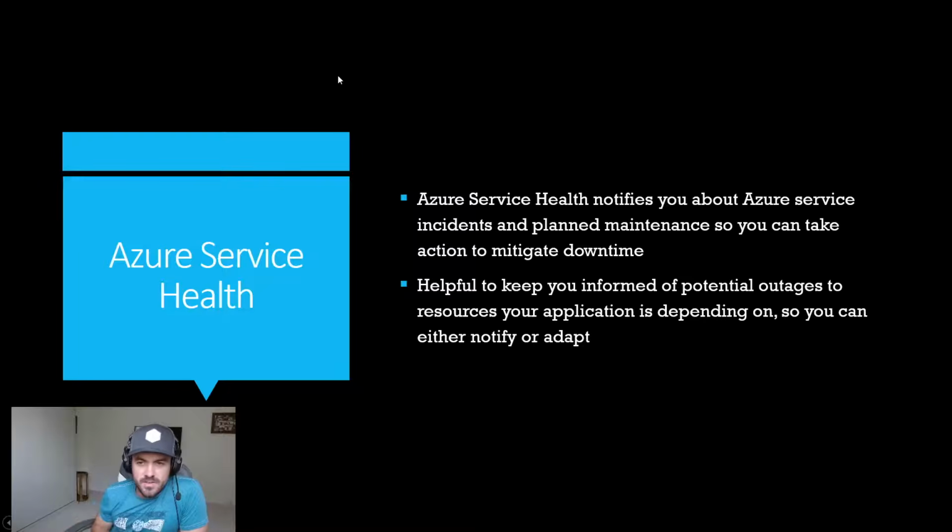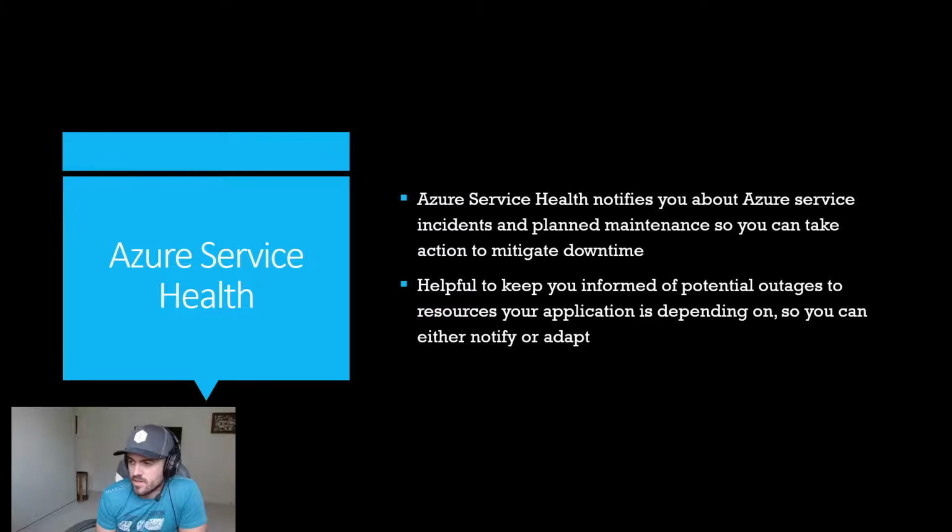Azure Service Health notifies you about Azure service incidents and planned maintenance so you can take action to mitigate that downtime so it has little to no impact on your apps and your stack, your infrastructure. It's helpful to keep you informed of maybe if there are outages or updates, and your application has resources that depend on those services or Azure resources being affected.